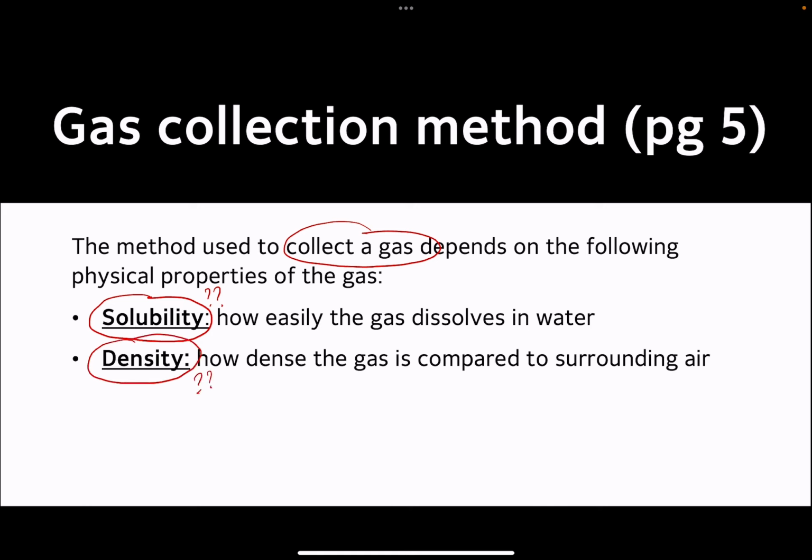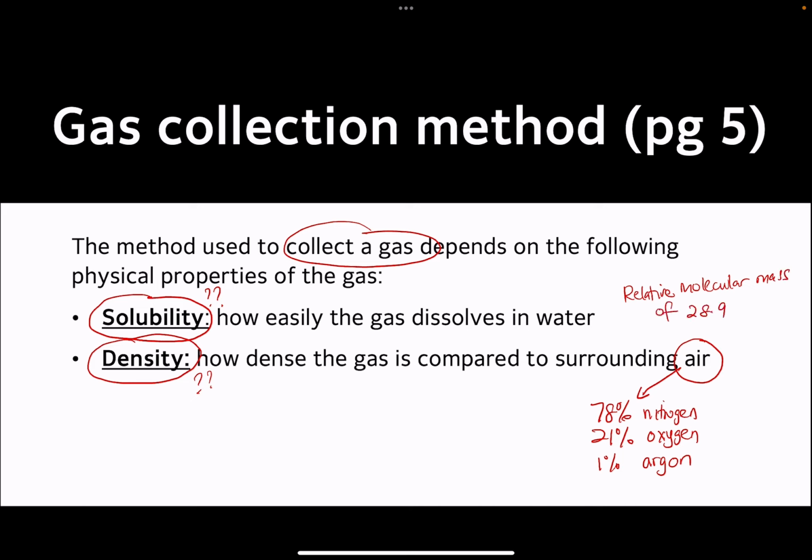This is the point where I have to help you out a little, because you might not have all the prior knowledge about air. Air is made up of 78% nitrogen, 21% oxygen, and 1% of a gas called argon. Due to this combination, air has a relative molecular mass of 28.96.